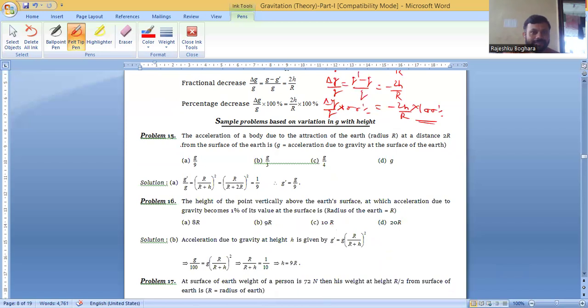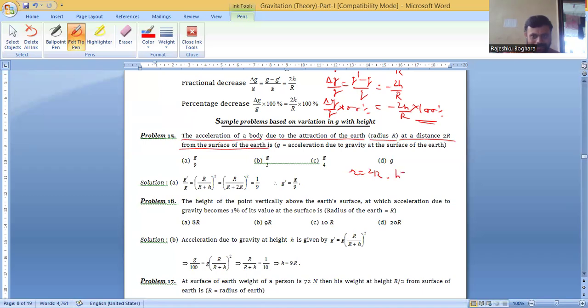Now we take an example. The acceleration of a body due to the attraction of the earth, radius r, at a distance 2r from the surface of the earth is. So here we take h is equal to 2r.